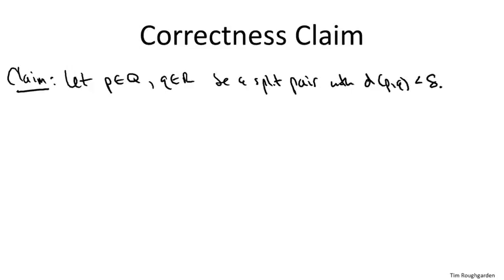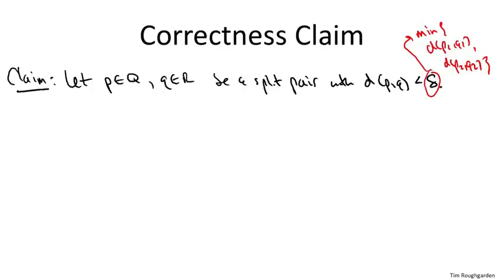What delta is, by definition, is the minimum of d of p1 q1, where p1 q1 is the closest pair of points that lie entirely in the left half of the point set, Q, and d of p2 q2, where similarly p2 q2 is the closest pair of points that lie entirely inside of R. So if there's a split pair with distance less than delta, this is exactly the unlucky case of the algorithm. This is exactly where neither recursive call successfully identifies the closest pair of points. Instead, that closest pair is a split pair.